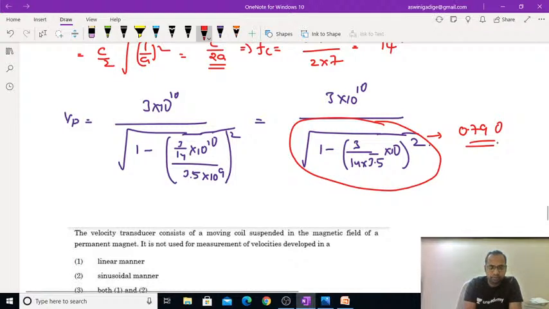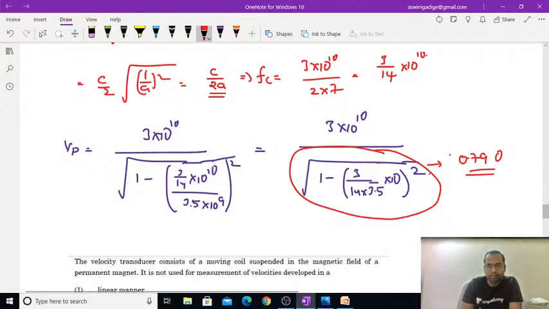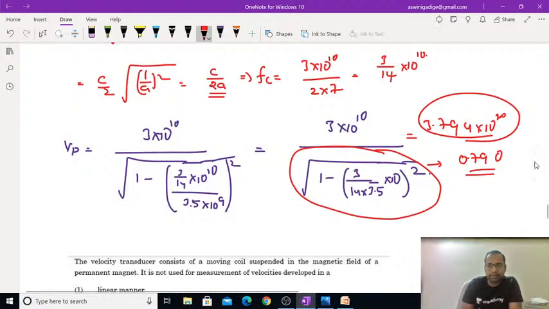Now after simplifying this one, 3 divided by 0.790, then I got 3.794 into 10 power 10.